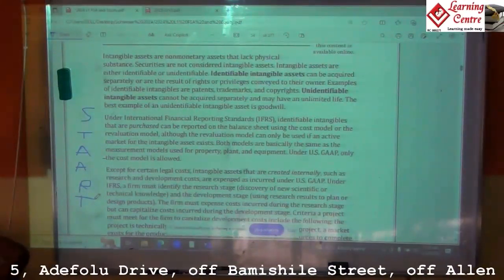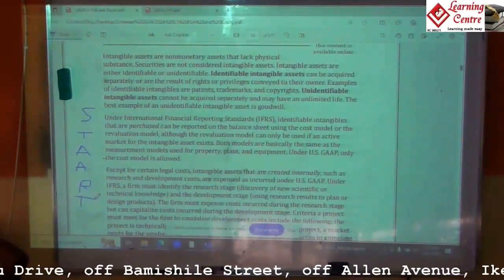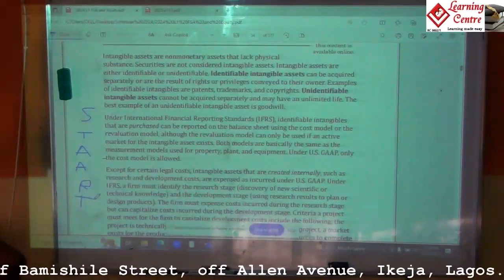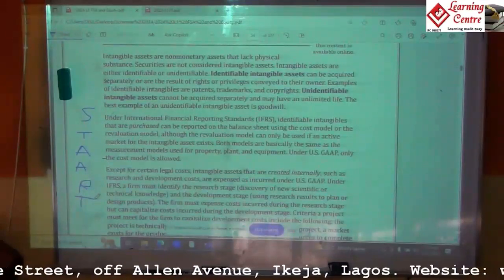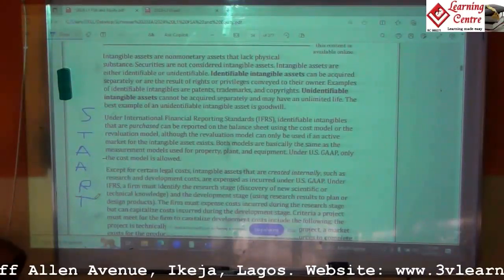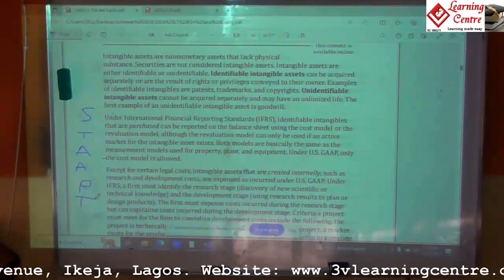For instance, startup costs: you are just starting up, paying this amount, getting your CAC, getting whatever, all those costs you expense. Training costs: once you are training the staff, you expense it.